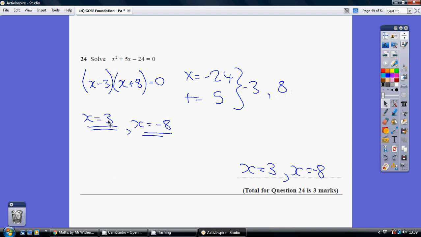Well, that's 3, isn't it? Because 3 take away 3 is 0, and 0 lots of whatever is 0. And then similarly, when just focusing on the second bracket, how can we make this bracket 0? Well, that's when x is minus 8. Minus 8 add 8 is 0, so 0 lots of whatever the first bracket is also gives us 0. So that's our answer.